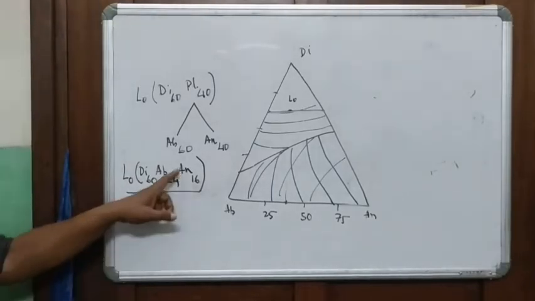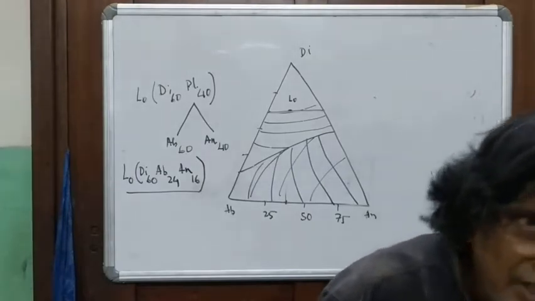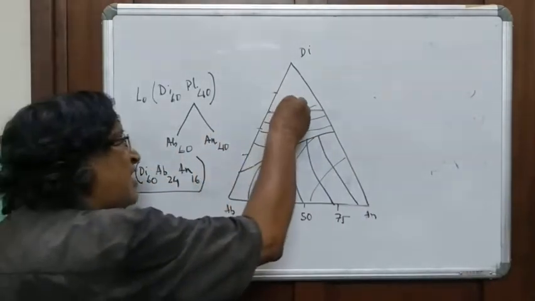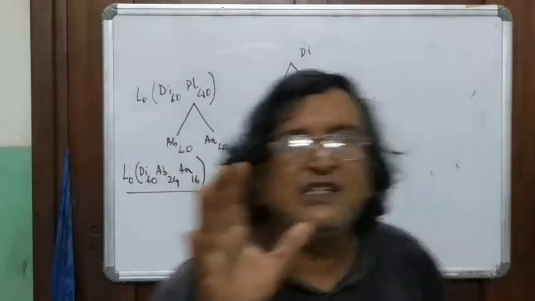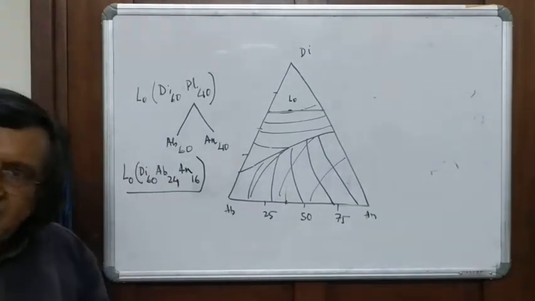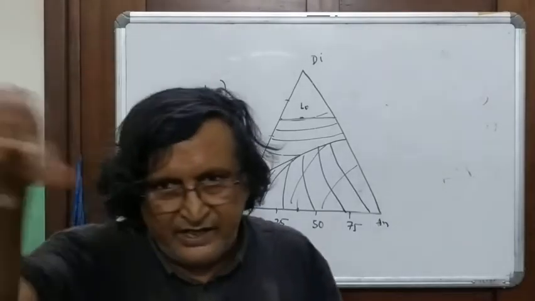So this is your answer. Diopside 60, albite 24, anorthite 16. Why did I not write plagioclase? Because when I start crystallization at L0, there is no plagioclase crystallizing. Unless the melt reaches the temperature, then you call it plagioclase.